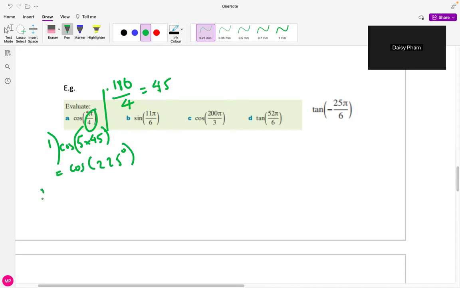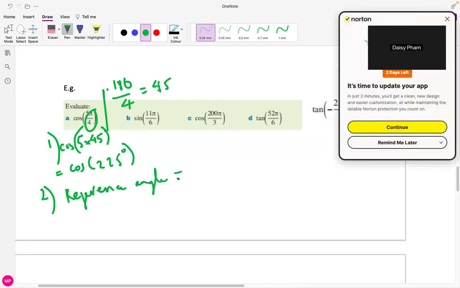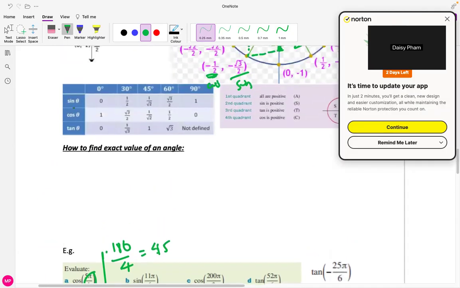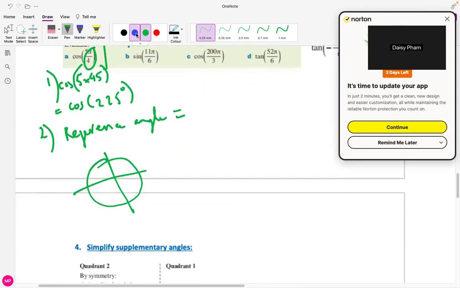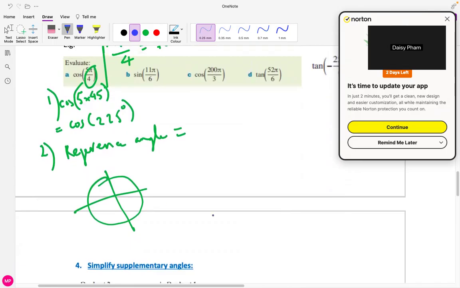Okay. Now, the second step is to find the reference angle. That is the angle in quadrant 1, one of these angles: 0, 30, 45, 60, 90. We call that the reference, because we base our answer on it. So if we draw it out, 225 is here. The angle opposite to 225 in quadrant 1 is the reference angle.